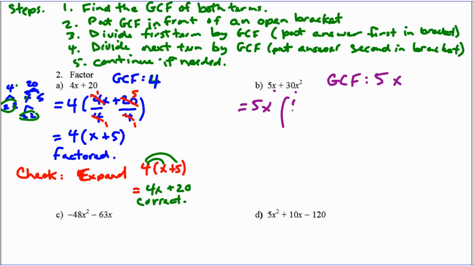Start with our original again: 5x squared plus 30x. I should show what we're doing here. We're dividing 5x from both terms.